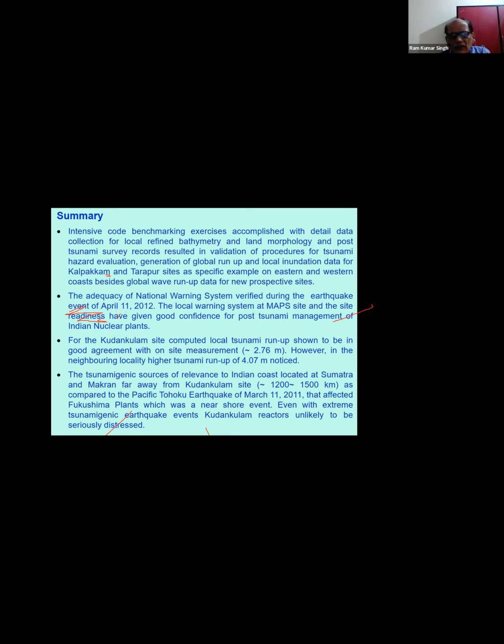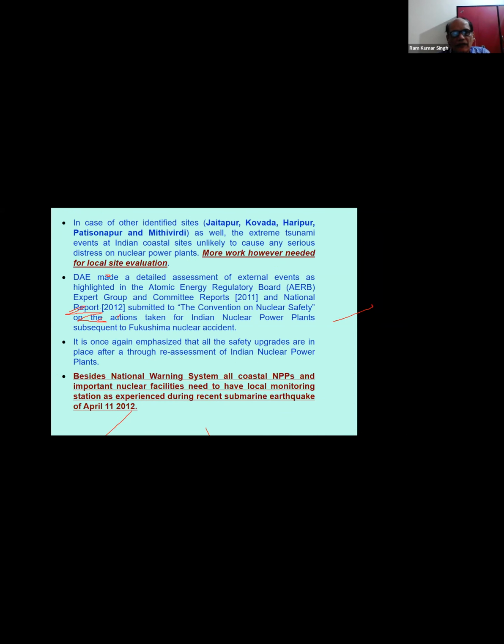So it was a very near shore event, unfortunately, and that caused problems. But we have to again get alarm for the Andaman Nicobar and those sites, and some locations near Chennai where some reflections from the Sri Lankan coast can come. So those are the important points.